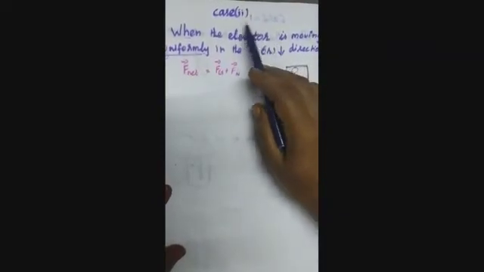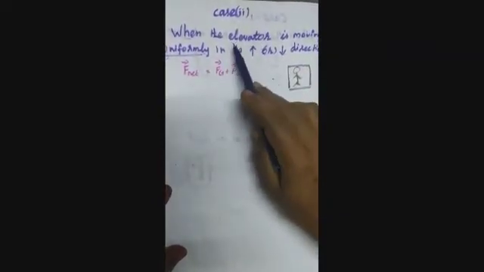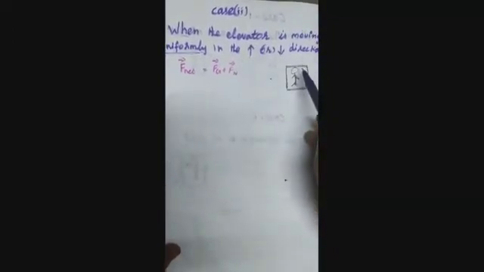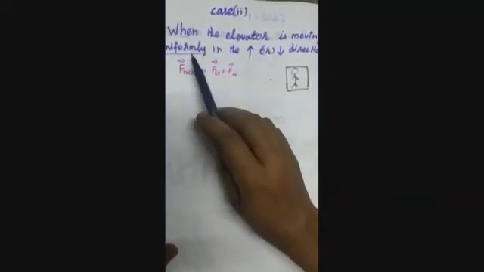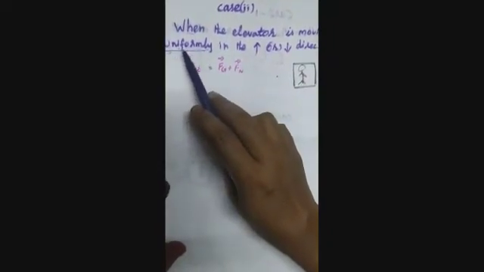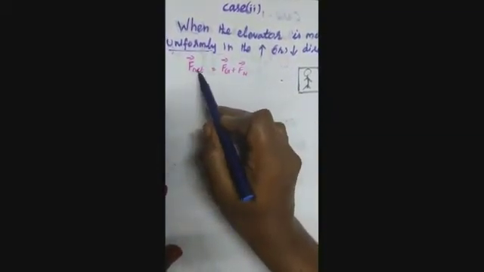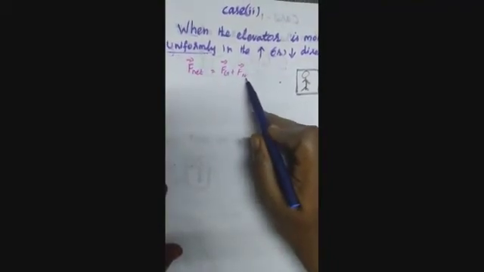Next we discuss the second case. In the second case, the elevator is moving uniformly in the upward or downward direction. So the total net force acting on the man equals the gravitational force plus the normal force.